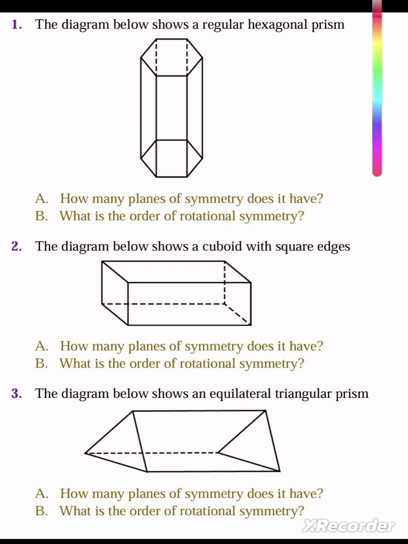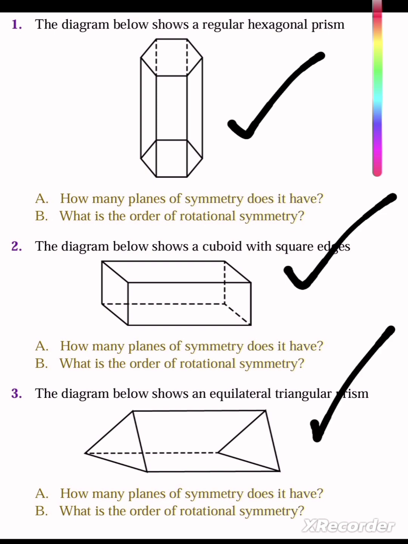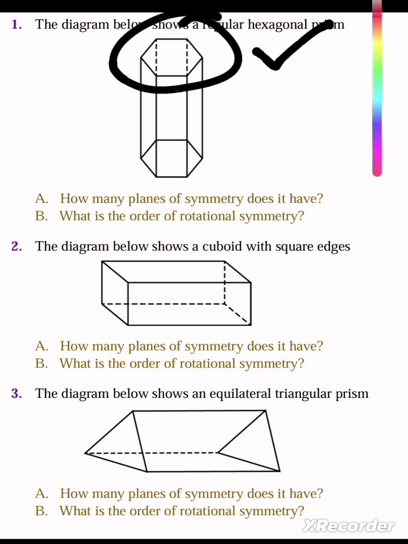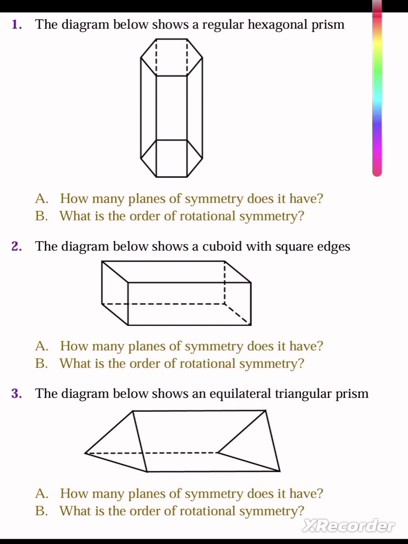Now we go to the last one, this, and this. The analysis is the same. For such shapes, the number of planes of symmetry depends on the face again, just like a pyramid. You look at the number of sides, but unlike in pyramids where we just get the number of sides, here you get the number of sides, then you add 1. Why? Because the number of sides tells us the number of planes of symmetry.